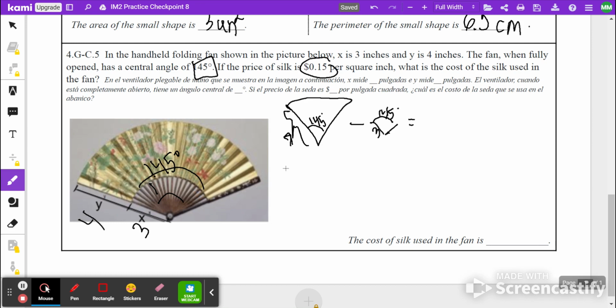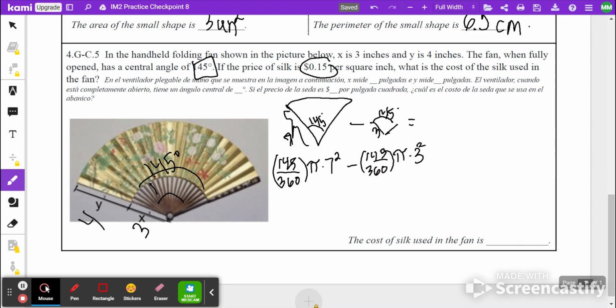So here, I need to do 145 over 360 multiplied by pi r squared, because I'm finding area, so times pi times 7 squared, and I'm going to subtract 145 over 360 times pi times 3 squared.